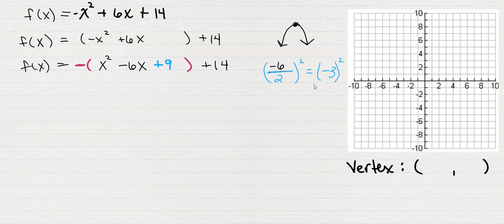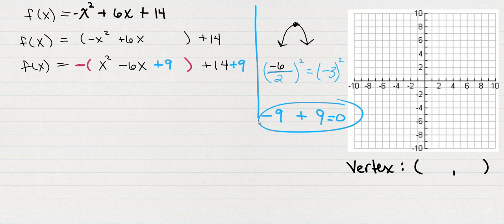So I've inserted a negative 9. To counter that, I've got to add a positive 9 on the outside. Don't be thrown off by this. It's not plus 9 plus 9. It's the opposite of 9 plus 9, which by the identity property for addition eliminates that, right? The opposite of 9 plus 9 cancel each other out to give us 0. So really I've not changed the value of that function.